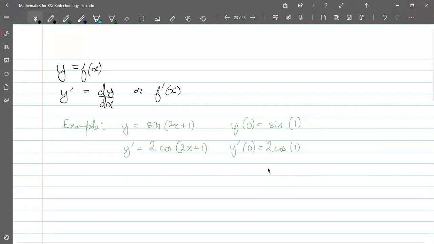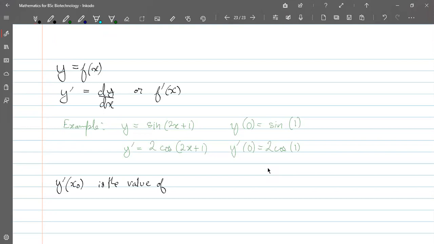So another way to write this is, either I can write y dash of x naught, for example, is the value of the function y dash at x equal to x naught. Another notation, f dash of x naught.